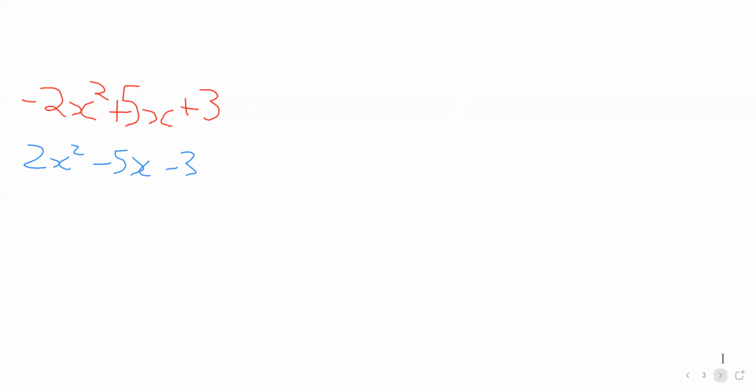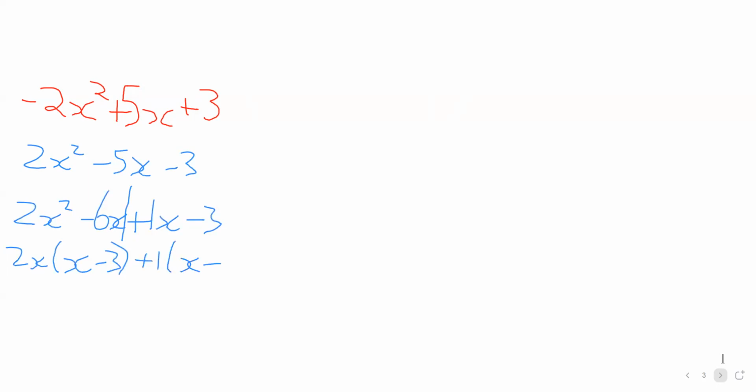We end up with 2x squared minus 6x plus 1x minus 3. Pull out what's common: 2x gives 2x times x minus 3, and plus 1 times x minus 3. Outside and outside, we have 2x plus 1, and x minus 3.